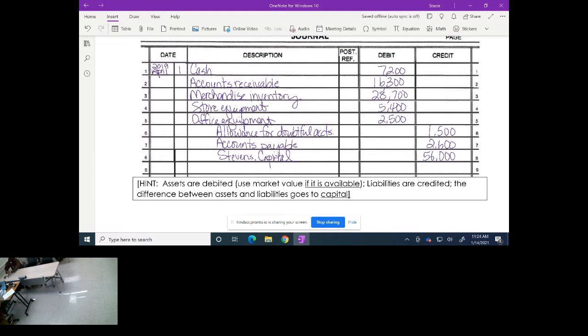Right below that, I gave you a reminder: assets are debited, use market value if it's available, liabilities are credited, the difference goes to capital of the partner. Questions? That one's pretty easy.